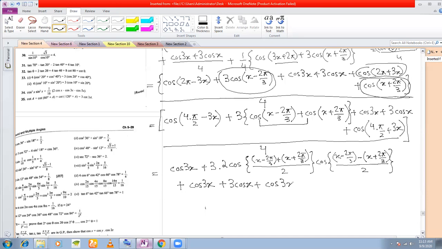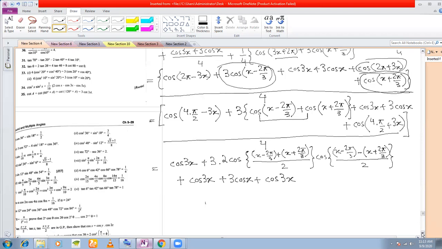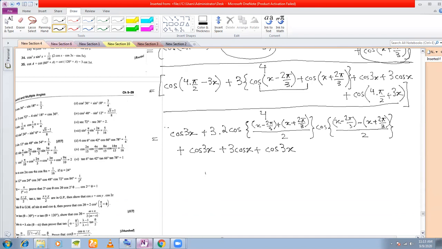So this also becomes cos 3x. Okay, so now let's see what all cancels. So this entire thing is obviously divided by 4. Now this is cos 3x, and you have a cos 3x.